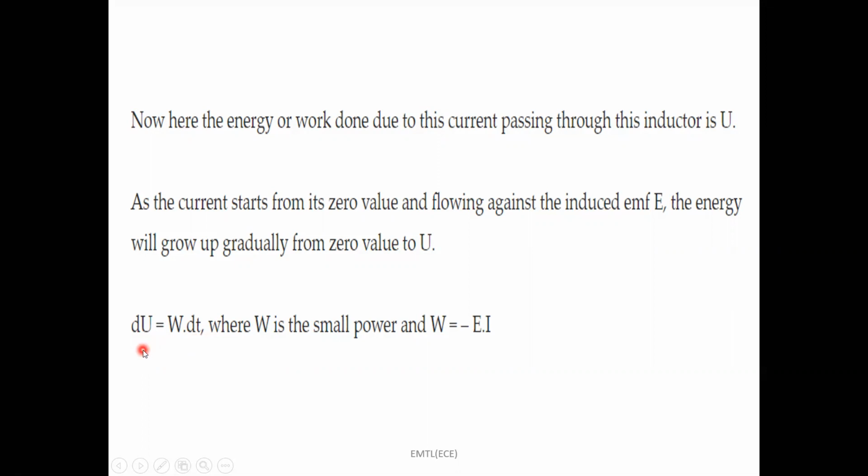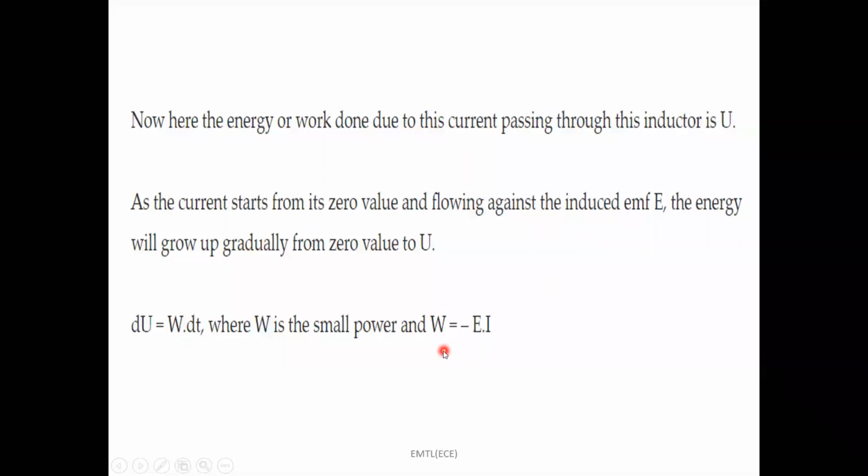That's why we write dU equals W into dt. Here W is the power, and dU is the smallest work done. So work done is equal to power into time. Power is expressed as voltage into current, where the voltage is the induced EMF.